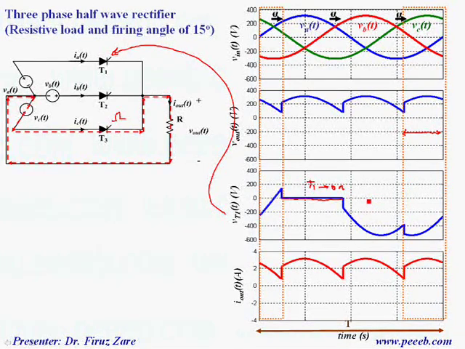And here, because T2 conducts, the voltage across this thyristor is VA, and here we have VB. So that's why the voltage across this thyristor is the line voltage.